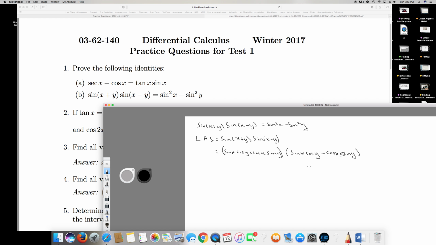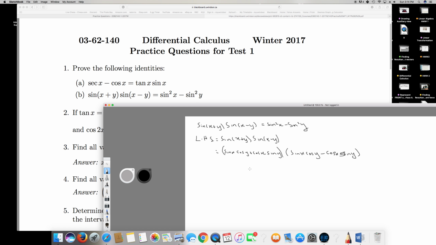Since we have this here, I have to multiply the two expressions. If you see this pattern, if you remember the identity, (a minus b) times (a plus b) is a square minus b square.